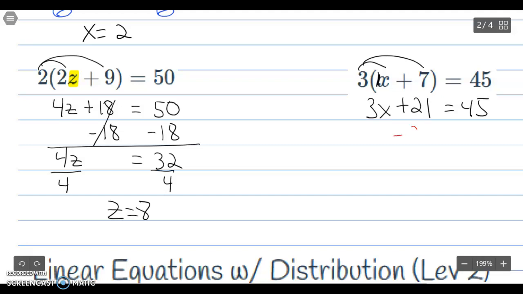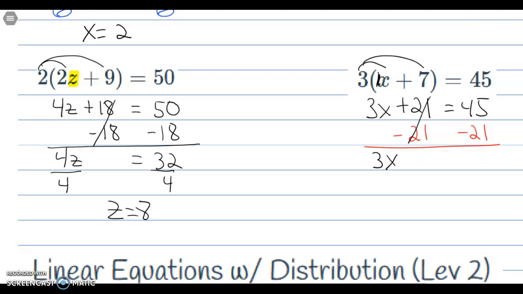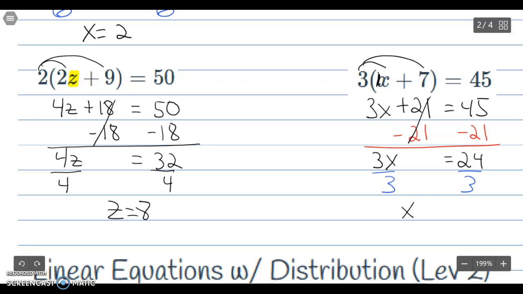I'm going to subtract 21 on both sides. The 21s cancel out. I bring down 3x is equal to 24. Then I'm going to divide by 3, and x is equal to 8. So that one's 8 as well.